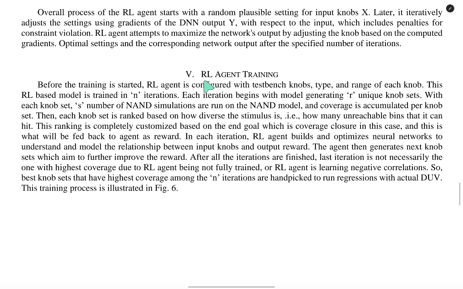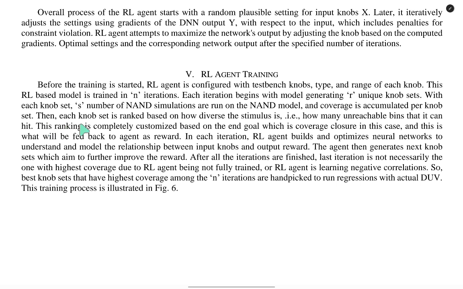Chapter 5 is RL agent training. Before the training starts, the RL agent is configured with the testbench node type and range of each node. This RL-based model is trained in n iterations. Each iteration begins with the model generating R unique node sets, with each node set assigned a number of NAND simulations run on the NAND model, and the coverage accumulated per node set.